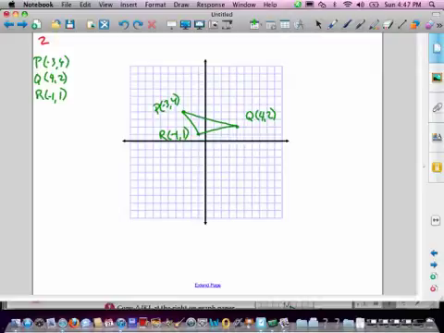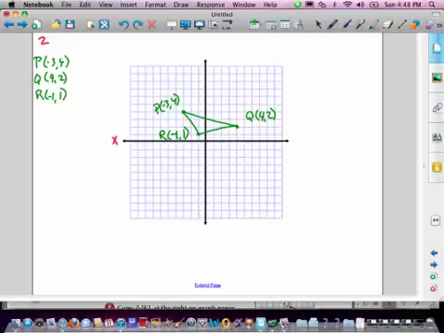All right, let's take a look at example number 2, and it says graph triangle PQR with vertices P(-3, 4), Q(4, 2), R(-1, 1), and then graph the image of triangle PQR after reflection over the x-axis and write the coordinates of its vertices. So if we take a look at our triangle that we have up here, and this is my x-axis.